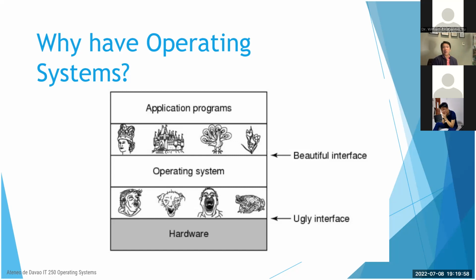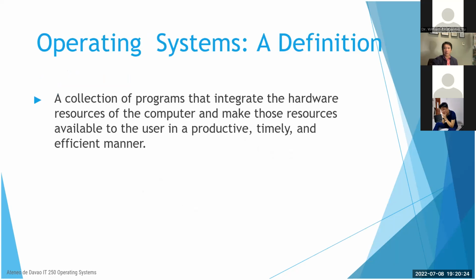And that's the reason why you have to create nicer interfaces so that application developers will not have a hard time, because there are way more of them. Hardware, on the other hand, doesn't have a very nice interface because there are constraints of hardware that the operating system has to adjust to. And that's the reason why they have this saying, or at least this slide is showing, that the interface facing the hardware is ugly, while the interface facing applications is beautiful.